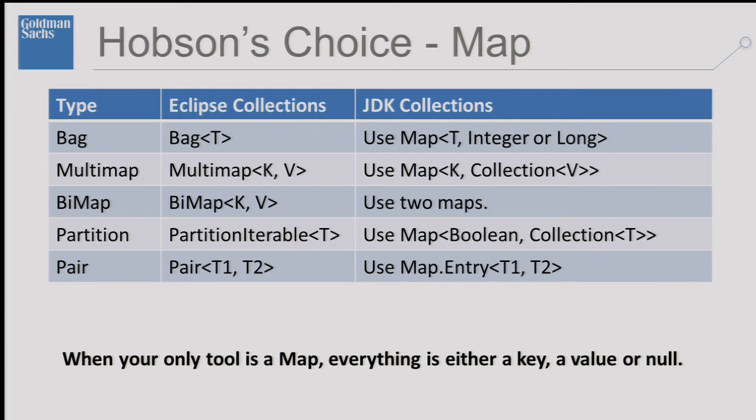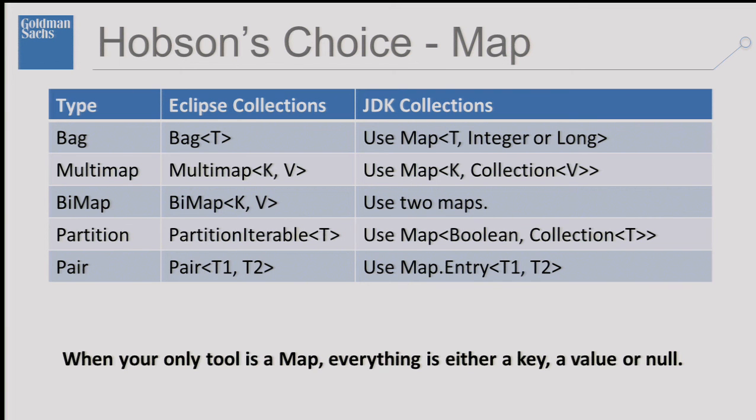We have multimaps as an explicit type, which is like a map of lists of objects. A bimap, which is a bidirectional map, so you can go from key to value and also do efficient lookups from value to key as well. With Java, you'd probably implement two maps and store the object twice.